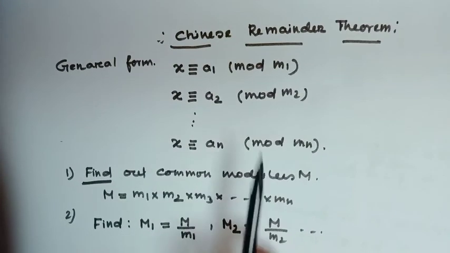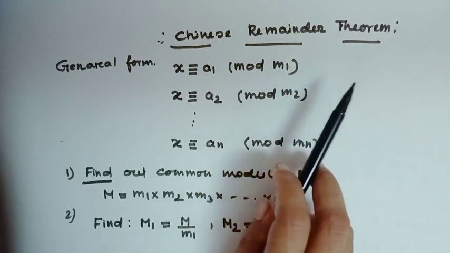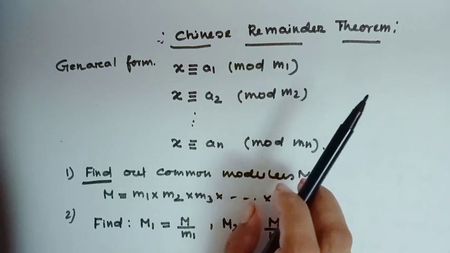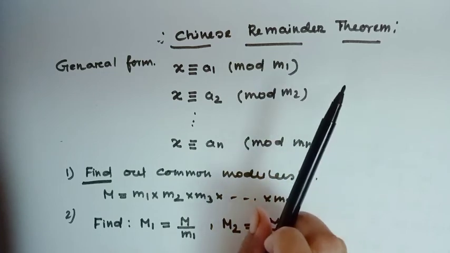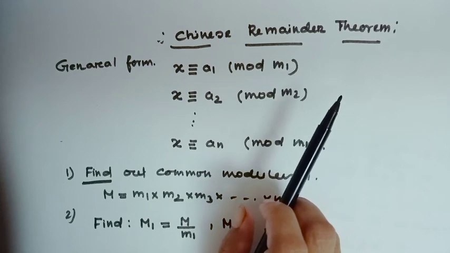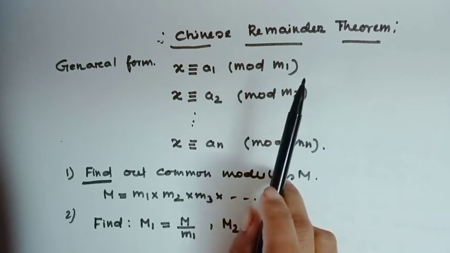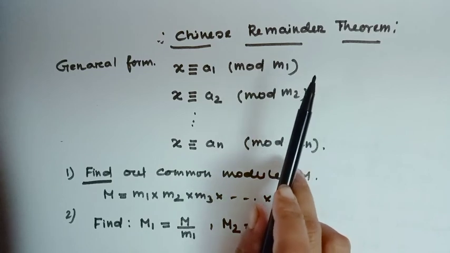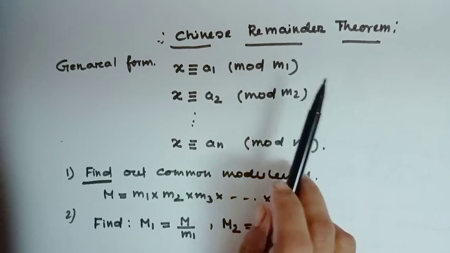This is the statement of the Chinese remainder theorem. Let's see the general form. The proof of the theorem is very easy, so see any standard book. I only introduce here the general form of this theorem.